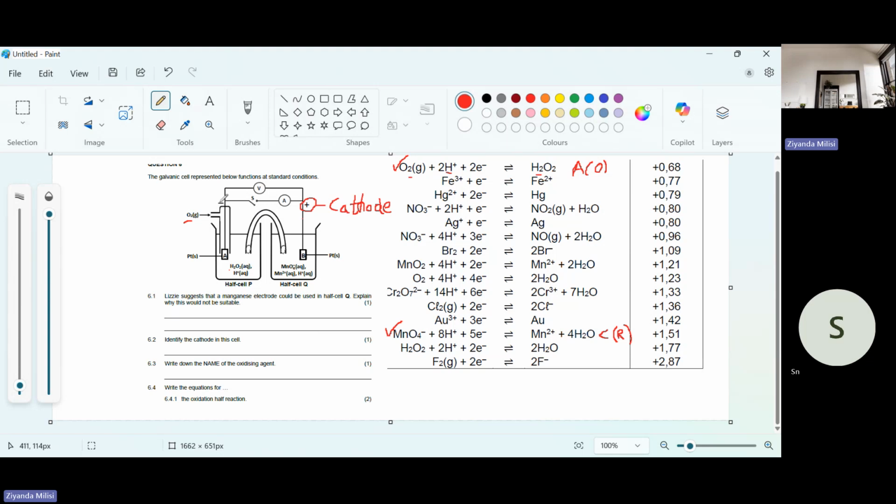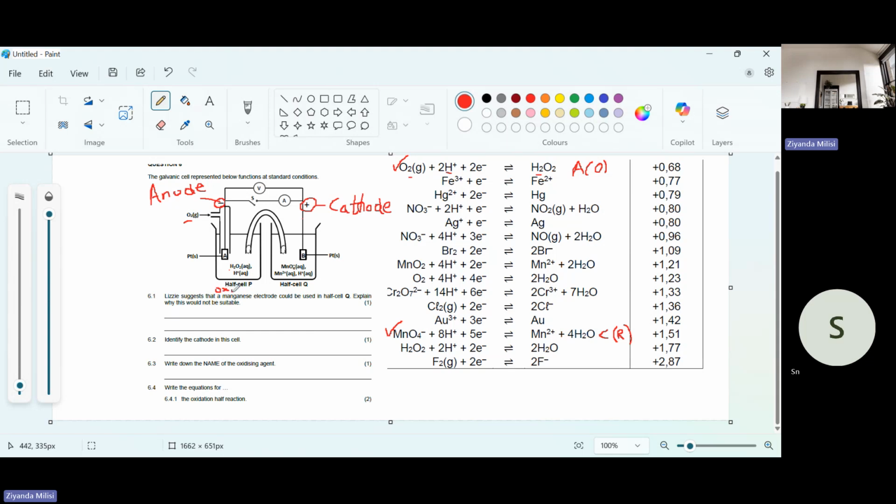Also this side, this is an anode. The reason is it's a negative electrode. They have given you the answer here. So you know this is the anode, which means oxidation takes place this side.